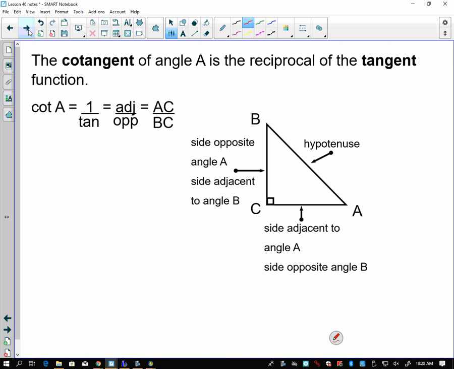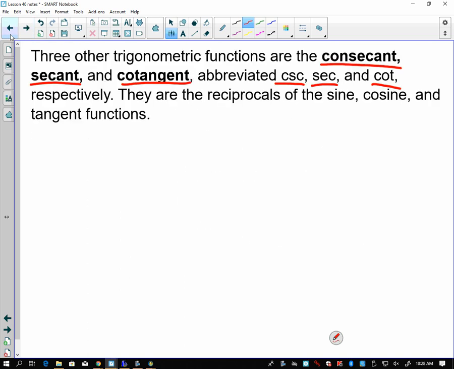If you can remember your three main trig functions, then I should be okay. Sine is what? Opposite over hypotenuse. Cosine was what? Adjacent over hypotenuse. And tangent was opposite over adjacent. All right, let me go back to a blank page here.